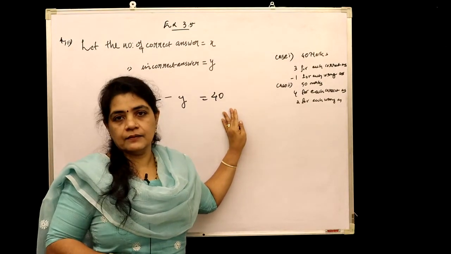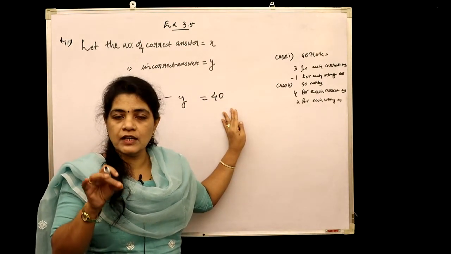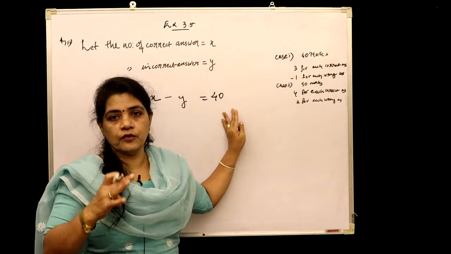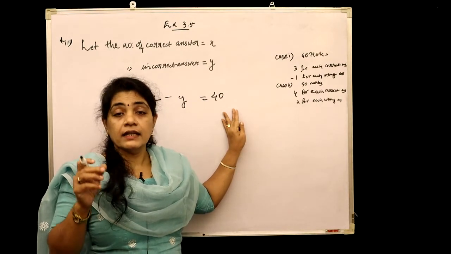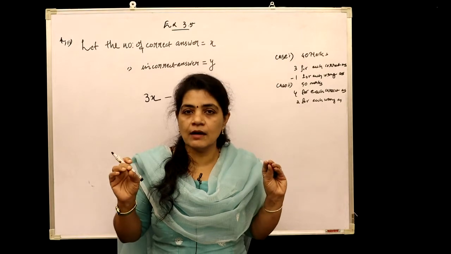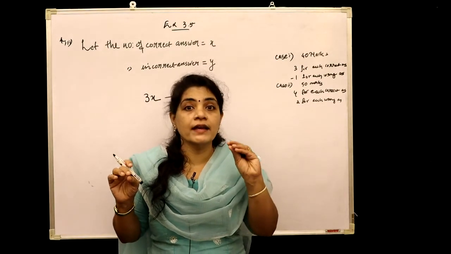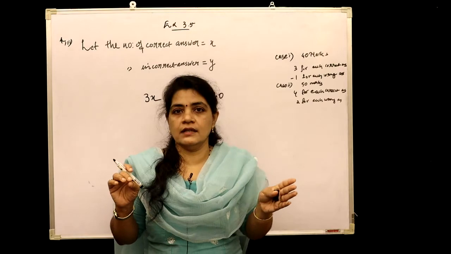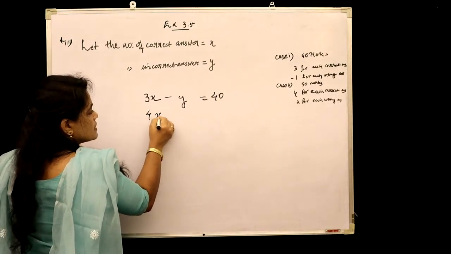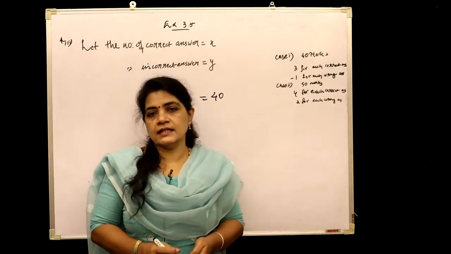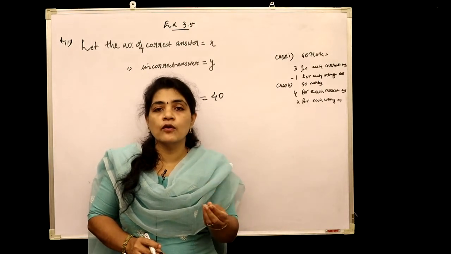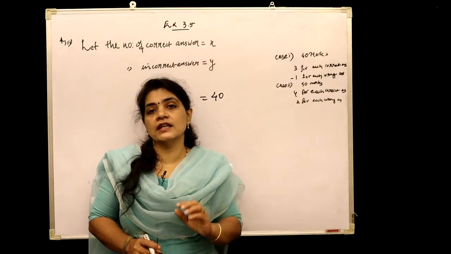And in the second case, instead of 3 marks for each correct answer, the teacher is giving 4 marks for each correct answer, and since the number of correct answers remains the same, that is x, the mark from x correct answers is 4 into x. Understood? Okay, unitary method. That is 4x. And in the second case, children, 2 marks is deducted for each incorrect answer.